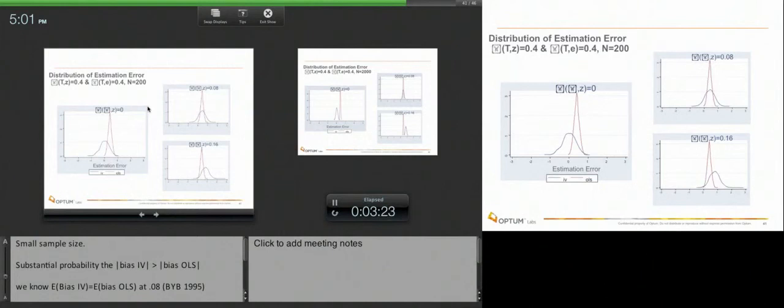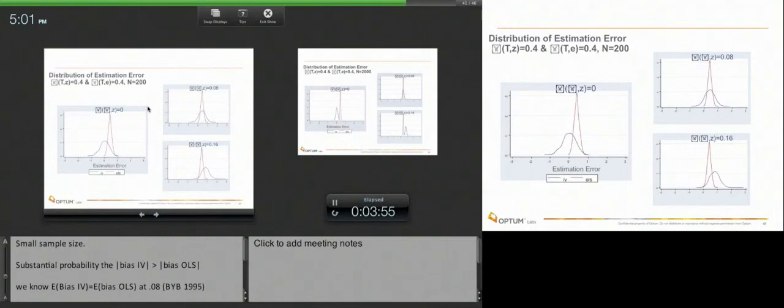In this first example, we're assuming there's no correlation between the instrument and the error term. So we've basically got a perfectly clean instrument. In the case of a perfectly clean instrument, if there's no bias, the difference between the true value and the estimated value is going to be 0.